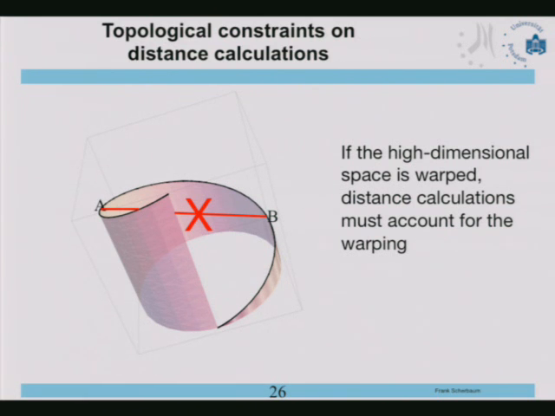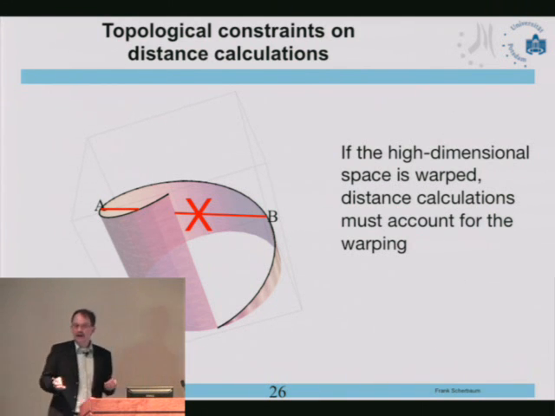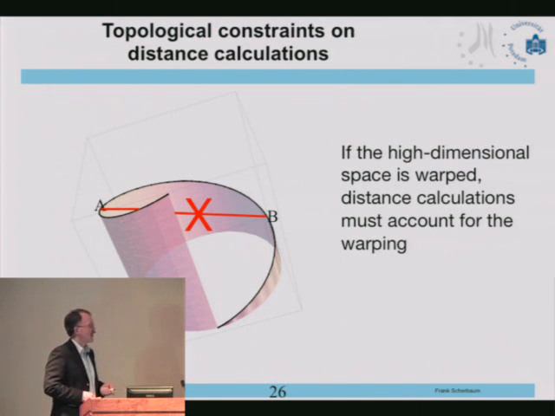We cannot use the direct Euclidean distances in this high-dimensional space. Then we would do the same as if we would calculate the distance between New York and, let's say, Tokyo by going through the interior of the Earth. We don't do this if we calculate distances on the Earth.